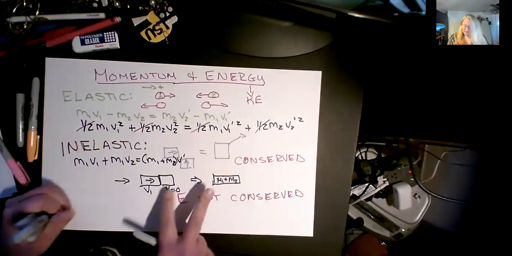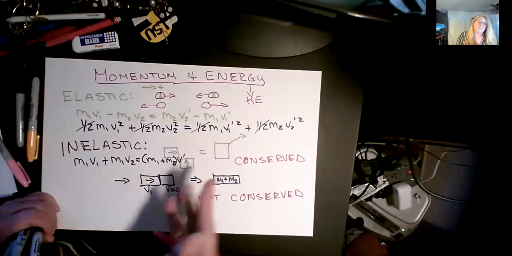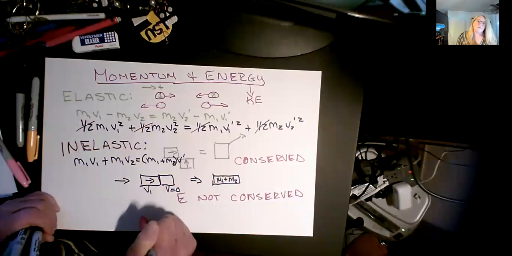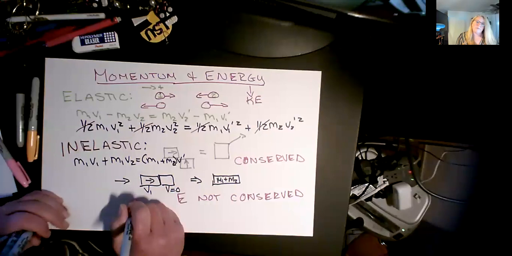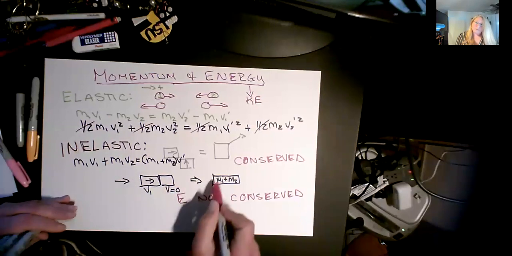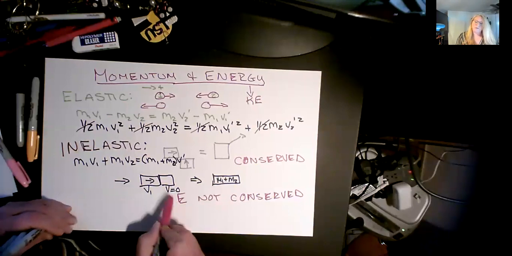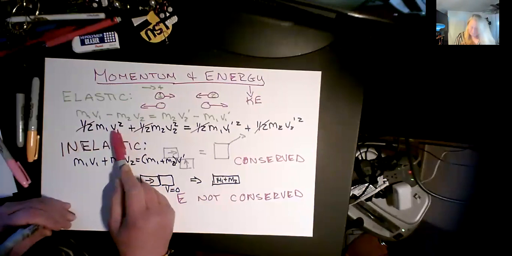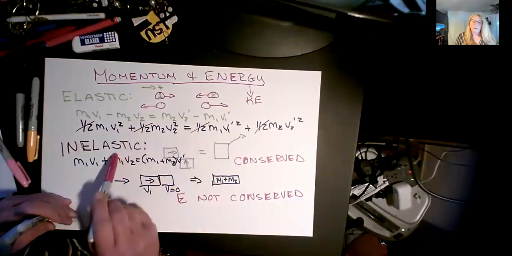In this case, if I have 2 cars colliding, then I have energy being lost to heat, being lost to changing the actual shape of the system, which more often than not translates into some sort of heat or thermal transfer. So energy is not conserved. I can't just write it as this initial kinetic energy will equal this final kinetic energy, but momentum is.